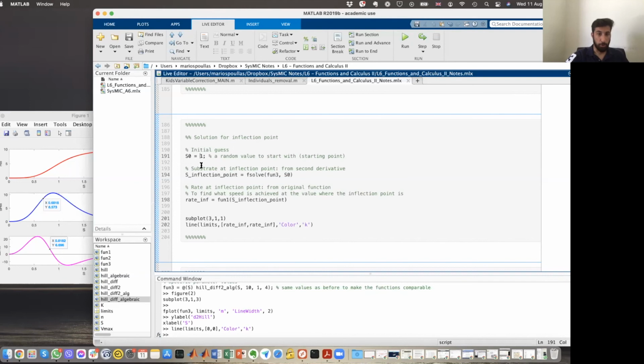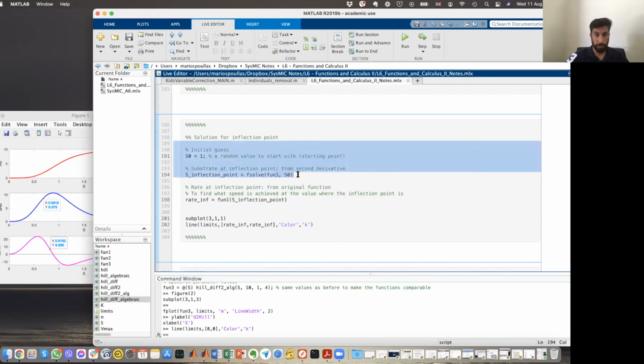I'm giving a random value to start with, a starting point of the substrate S0. I'm setting it equal to 1. So the substrate at the inflection point will be solved using the initial substrate equal to 1, as you can see here, as S0.